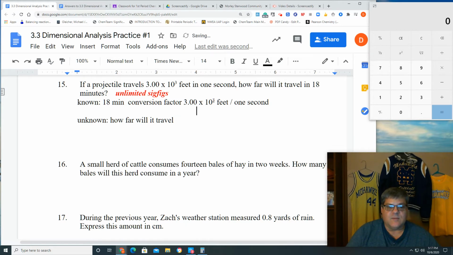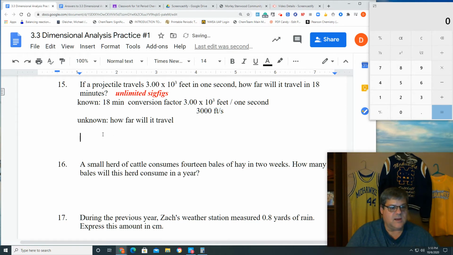I have 3, so that means we're going to make the exponent smaller by 3 and this larger by 3. So we're going to move it over 1, 2, 3. So we're going to have 3,000 feet per second. That's our new conversion factor. How did we get there? We took it out of scientific notation, which I think is a lot easier to do.